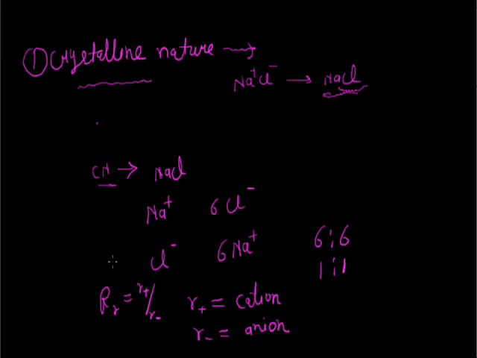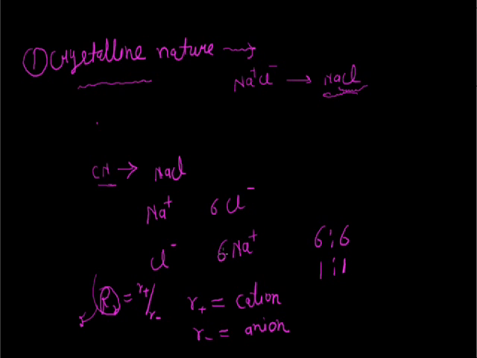By the help of radius ratio, we can decide the geometry of the crystal. For example, on the basis of radius ratio, the geometry of the NaCl structure is octahedral, and the geometry of one unit cell of NaCl is cubical.